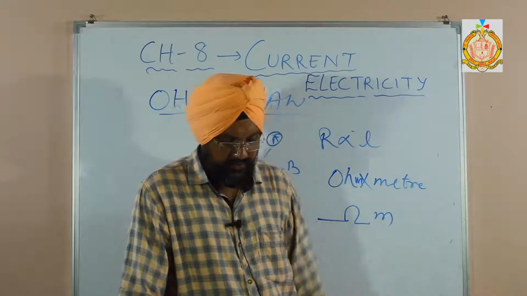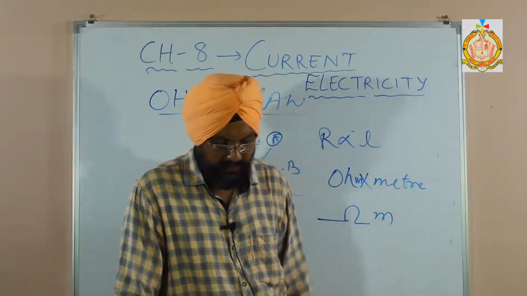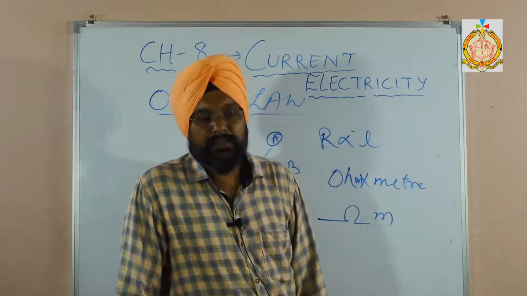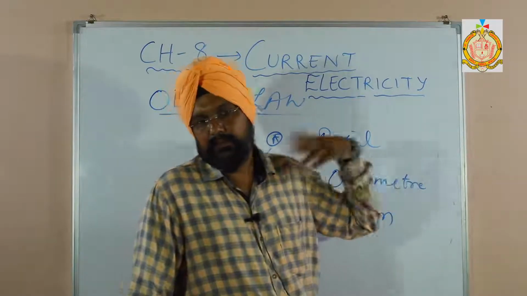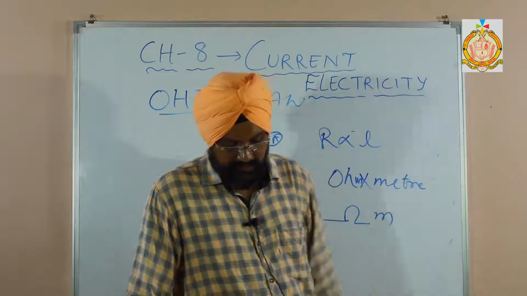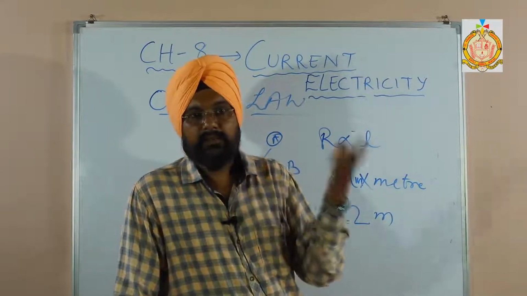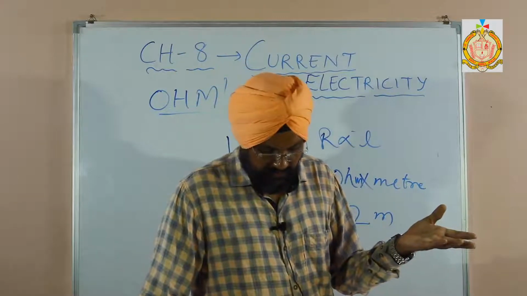What are the factors on which the specific resistance depends? The resistance of a wire is directly proportional to the length. The more the length, the more the resistance. In the same way, the less the area, the more the resistance.